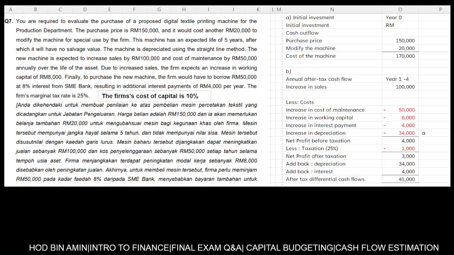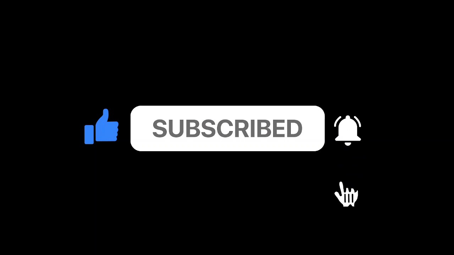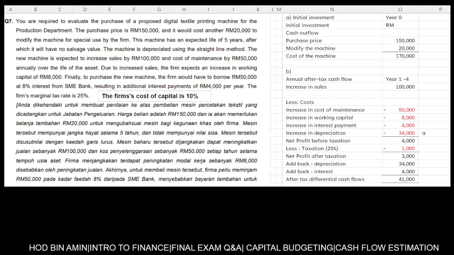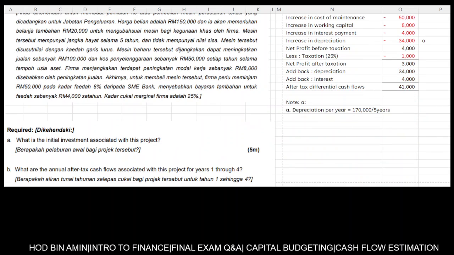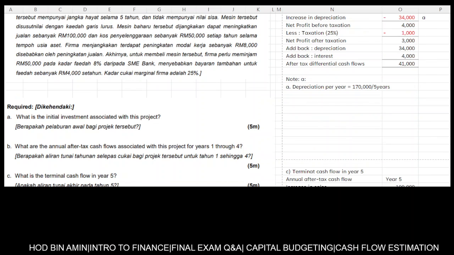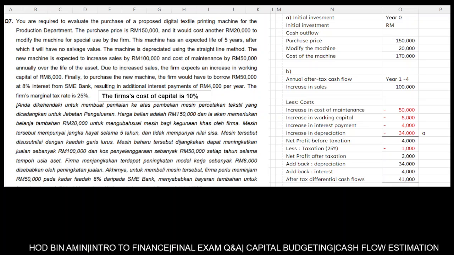Okay, this is the question. The question of capital budgeting, cash flow estimations, and we want to calculate the initial investment or initial outlay, annual after-tax cash flow associated, and terminal cash flow. So this is the question.